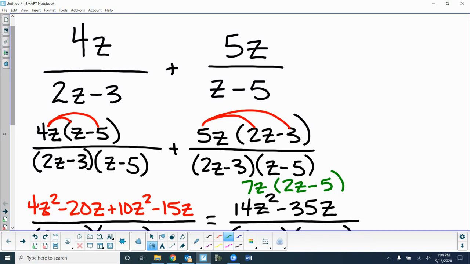For 36, the same type of deal, but it was division. So when you divide the second fraction by the third fraction, you got to change it to multiplying by the reciprocal of the third one. So you could factor the p squared minus p minus 12, which would be p minus 4 times p plus 3. So the p minus 4 cancels.